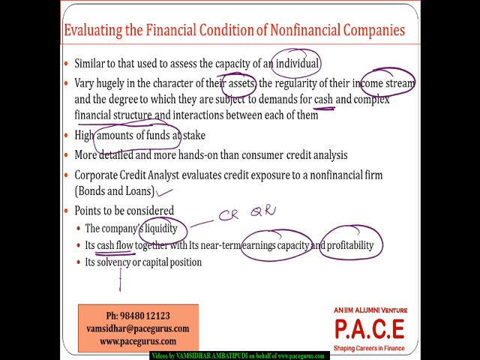We are also looking at the solvency, the capital position, and the debt to equity ratio, kinds of financial ratios we can look at to assess the solvency of the company. So we are evaluating the financial condition of the non-financial companies through a slightly more stringent approach.